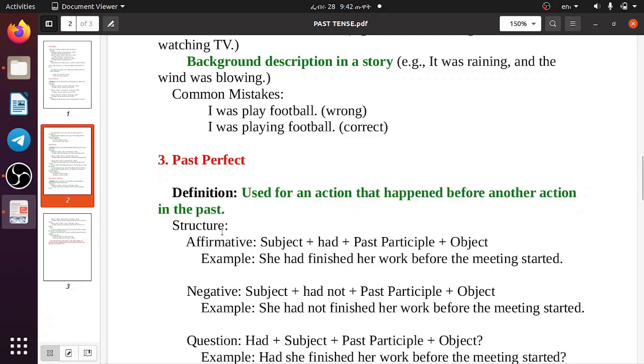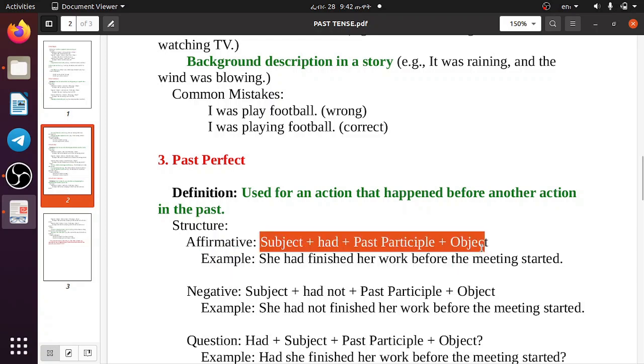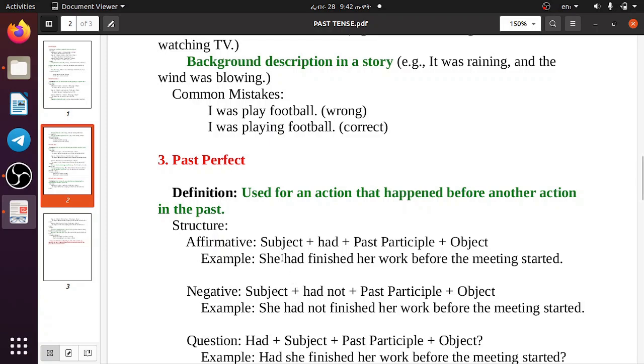The structure in an affirmative sentence: subject plus had plus past participle plus object. We use had plus verb 3, or past participle, as the structure of past perfect tense.